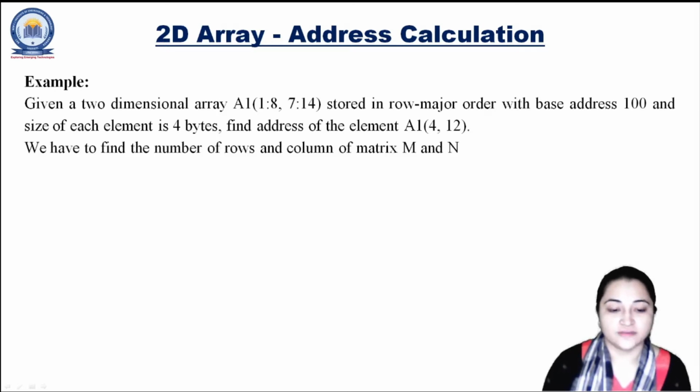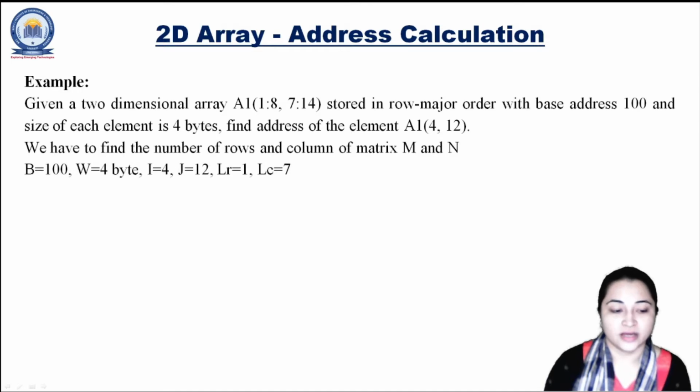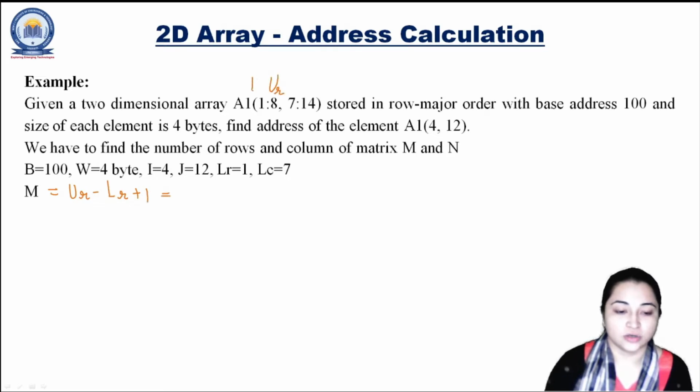First of all, we have to find values for m and n, and the other values are given. The value m can be calculated as upper bound of row minus lower bound of row plus 1. Upper bound of row is 8, lower bound of row is 1. Upper bound of column is 14 and lower bound of column is 7.